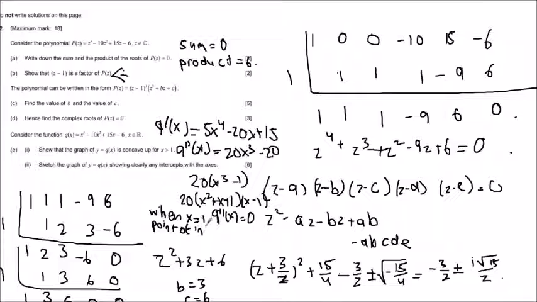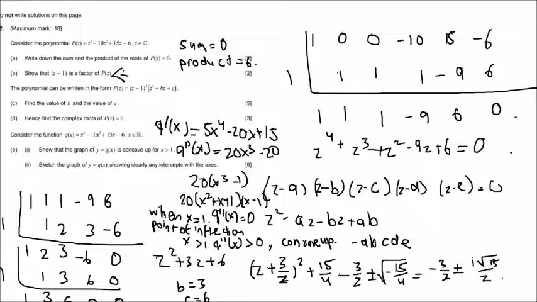This is a point of inflection. And when x is higher than 1, then q''(x) is higher than 0, so it's concave up. I don't know if that's enough justification. I really don't. So that's for that question.